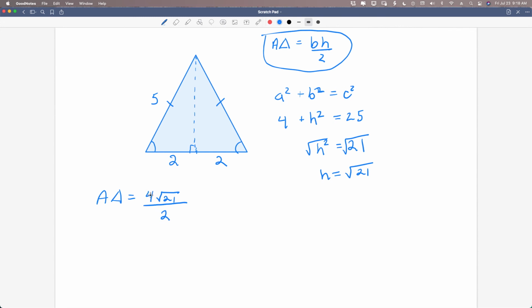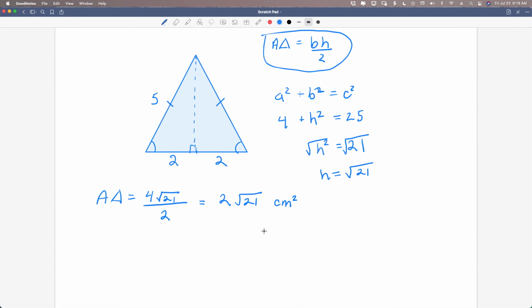We can factor 2 out of this 4, so that's going to equal 2 times the square root of 21 is the area of this triangle. And this particular triangle is in centimeters, so that's centimeters squared. And that is the final answer.